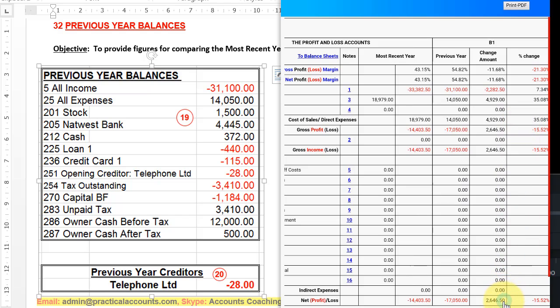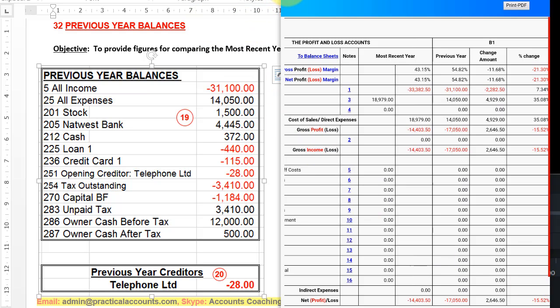The profit has dropped. Profit has dropped from 17,000 to 14,000. Remember, because the business is small, all expenses are recorded under note 3. So they don't need to see all these details. If you want anything, you just go into there. So it's a 15.52% drop in profits.